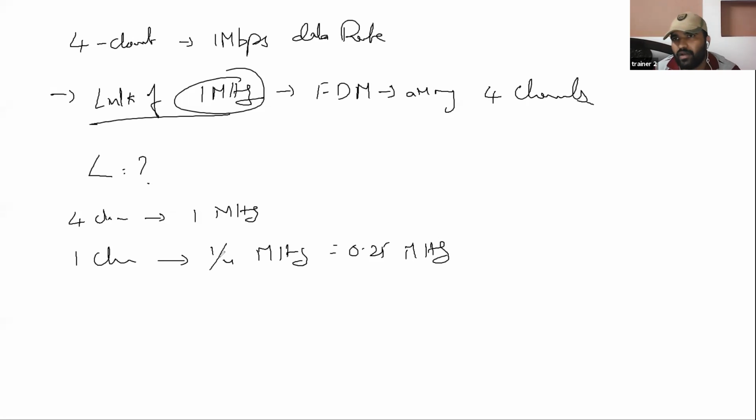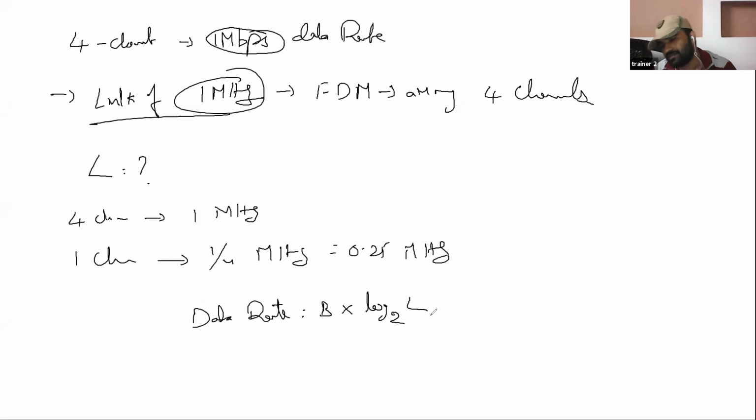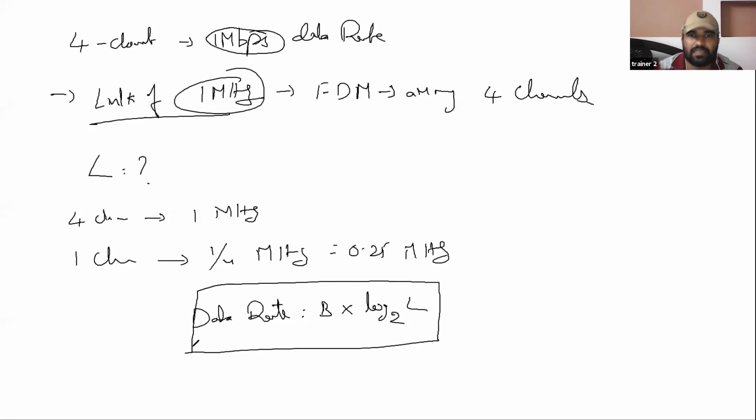megahertz. Okay, so from the Nyquist criteria, so this one channel is 1 Mbps. So data rate is equal to B into log L base 2. Is it right or wrong? Nyquist criteria equation, is it correct?